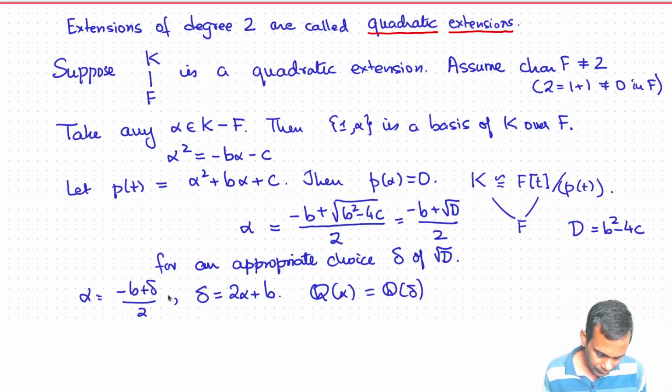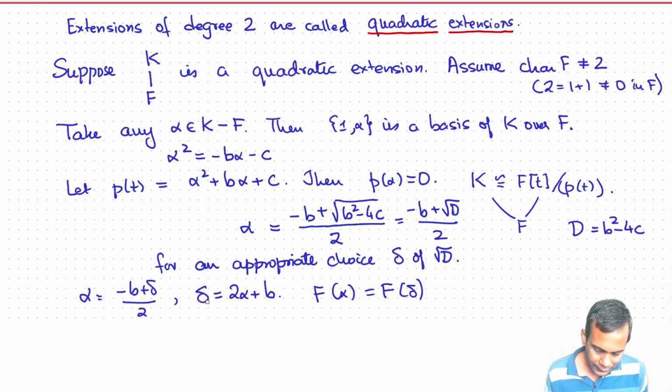What these two identities mean is that F(alpha) is equal to F(delta). This is general, and this is because if a field contains alpha and it contains F, then it must contain 2 alpha plus b, because b is in F and 2 is in F, so 2 alpha plus b must be in that field.